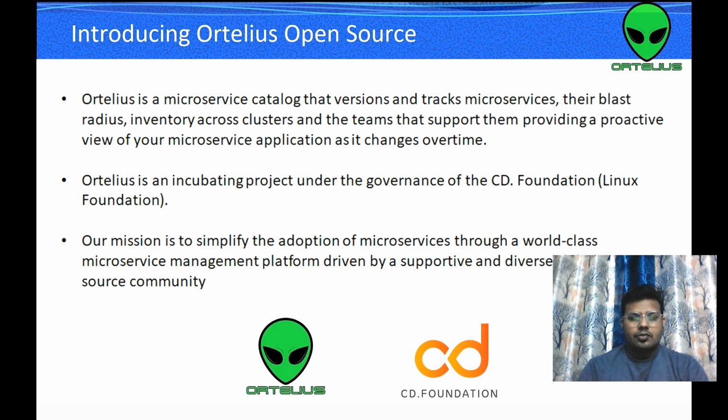Ortelius is trying to solve that problem by cataloging a lot of information for those decoupled pieces, like the versioning details, the tracking microservices, the blast radius, and much more other information. So the user can proactively monitor those microservice components and the changes that are happening over time.